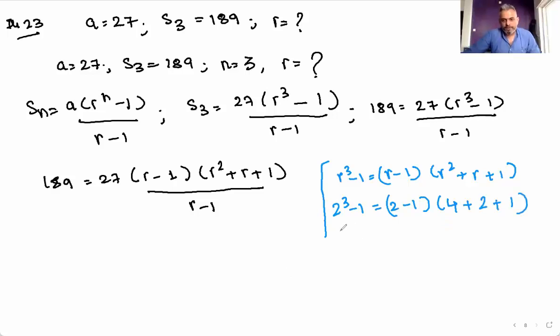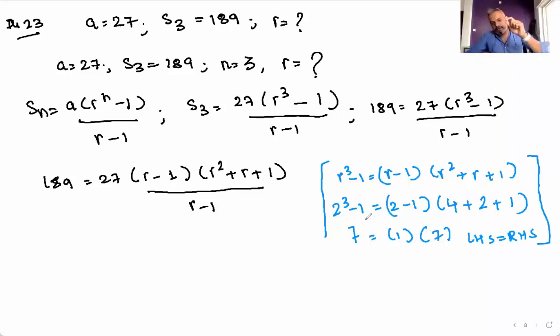So 2 cube is 8, minus 1, that is 7, is equal to 2 minus 1 is 1, into 4, 5, 6 and 1, 7. So LHS is equal to RHS, hence true. So you can always cross verify that no mistake with plus or minus has happened.